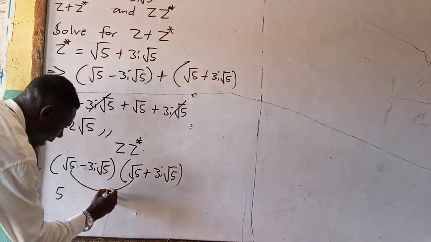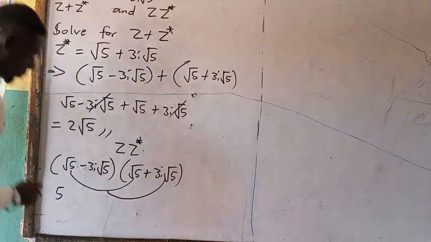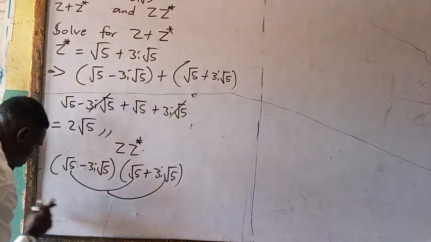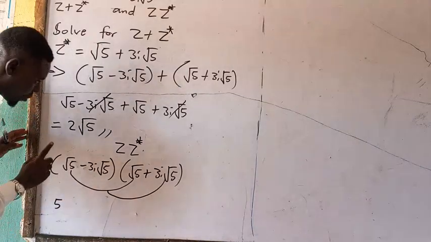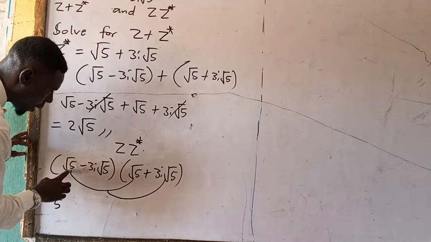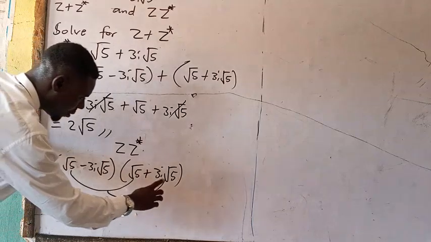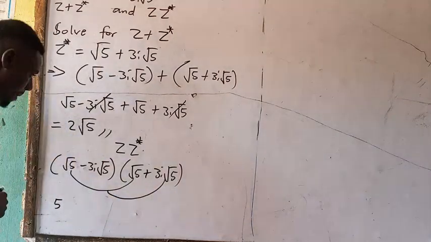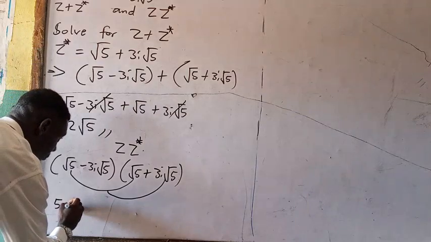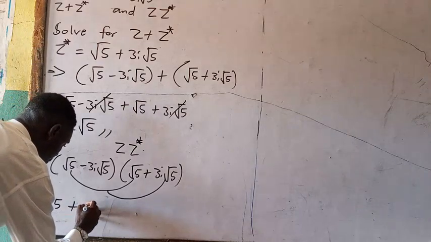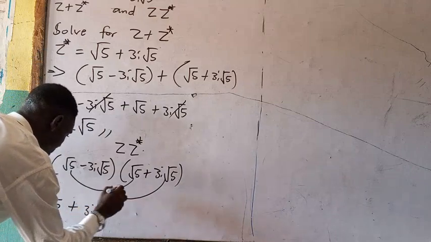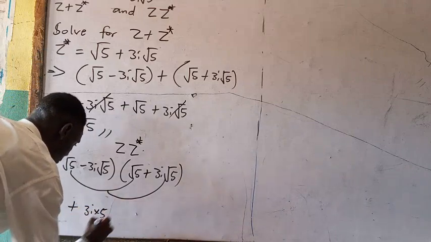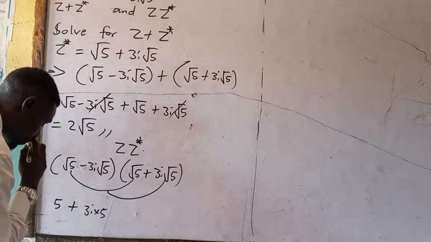You use this same one to multiply this. Now, if you check very well, this will give us plus 3i times root 5.